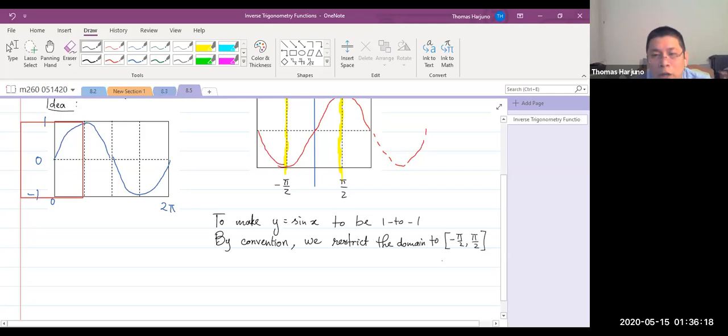Now I usually call it quadrant -1 and quadrant 1.